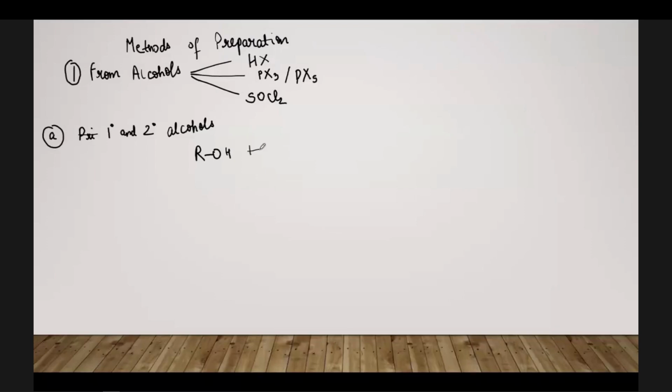ROH, this is the alcohol, plus HCl, this is the halogen acid. The halogen acids are HX, that is HCl, HBr, HF, and HI. So the special thing in this case is that for the primary and the secondary alcohols, we need ZnCl2. I mean, the presence of ZnCl2 is a must for the reaction to happen.